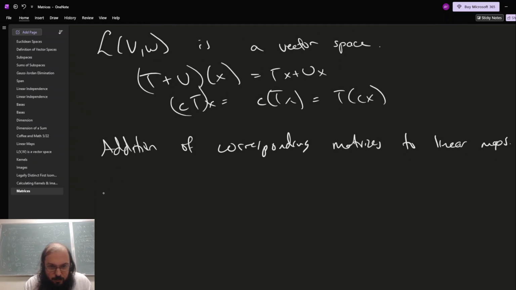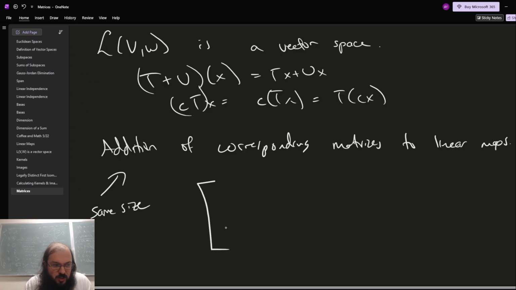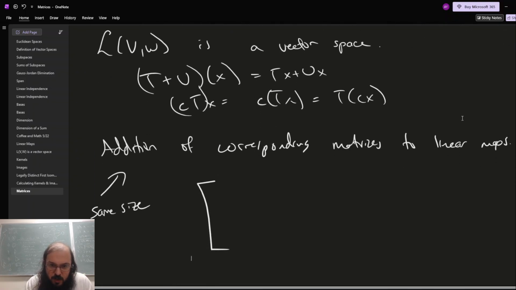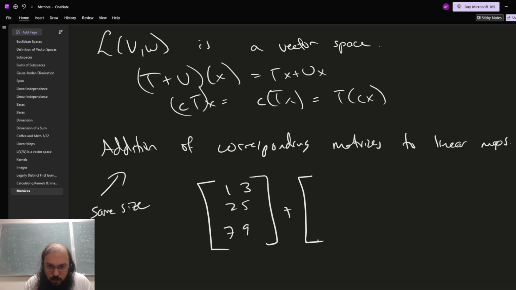To be clear, they have to be the same size. Otherwise, it's not defined. It doesn't make any sense. But if I have two matrices, like the one we have above, 1, 3, 2, 5, 7, 9, I like to read them in rows rather than in columns most of the time. Doesn't really matter. Plus 0, -2, 1, 4, 3, I don't know, 1 again.